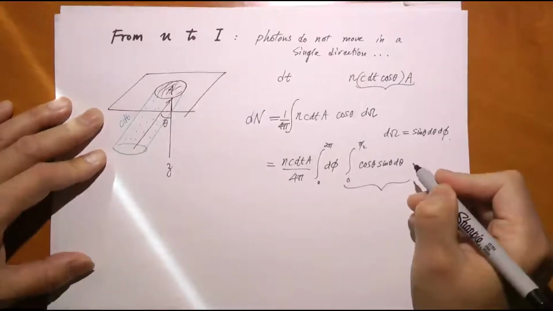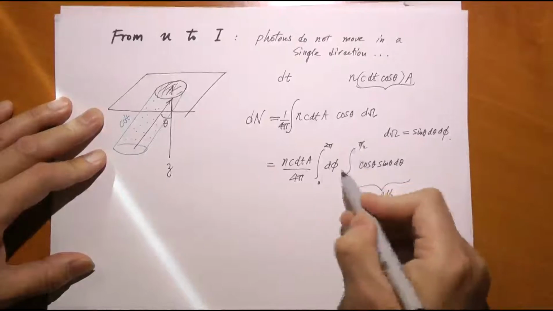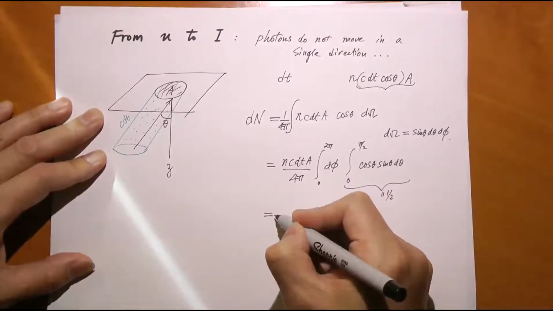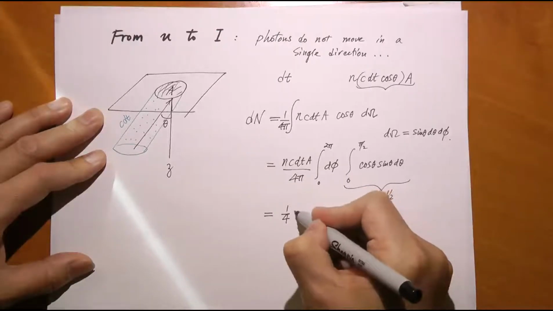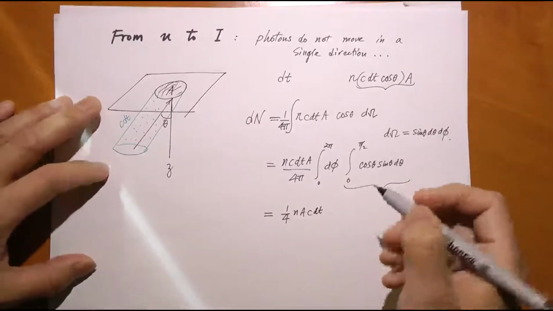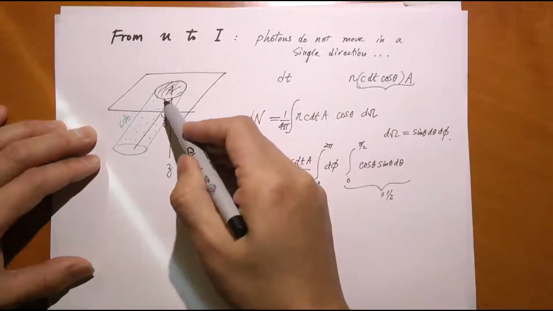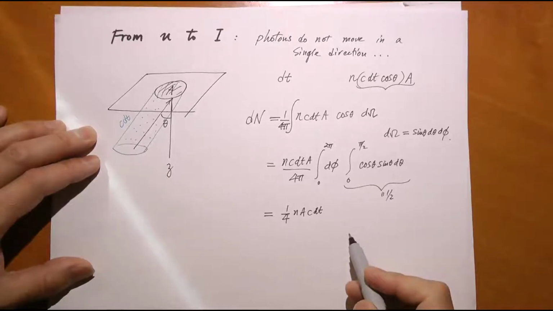This integral equals 1/2. The other equals 2 pi, so you do this algebra, and you find dn to be equal to 1/4 n A c dt. This is the total number of photons that can make their way out over a cross-section area A on the surface of the black body over a time interval dt.